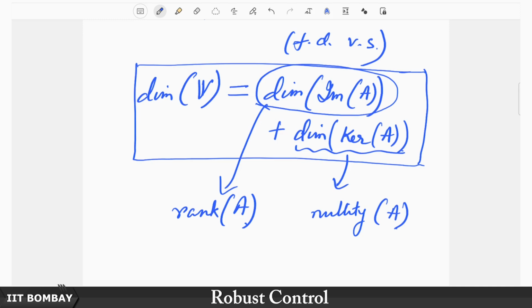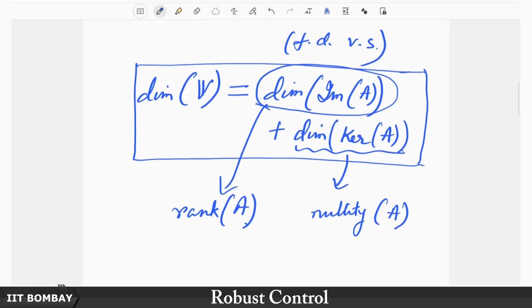But if it does exist for that element, then it will be unique. Why? Because dimension of kernel of A being 0 implies it is a 1-to-1 mapping, right. So, if the solution exists, it is going to be unique, but the solution may not exist.